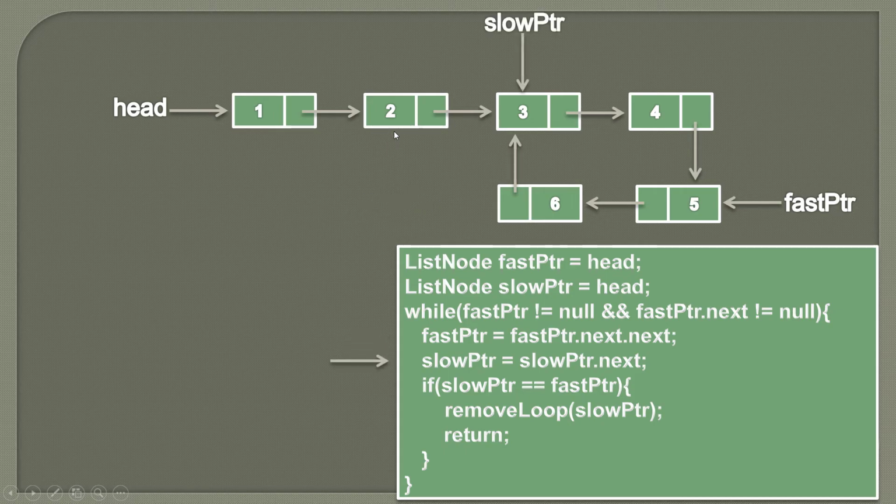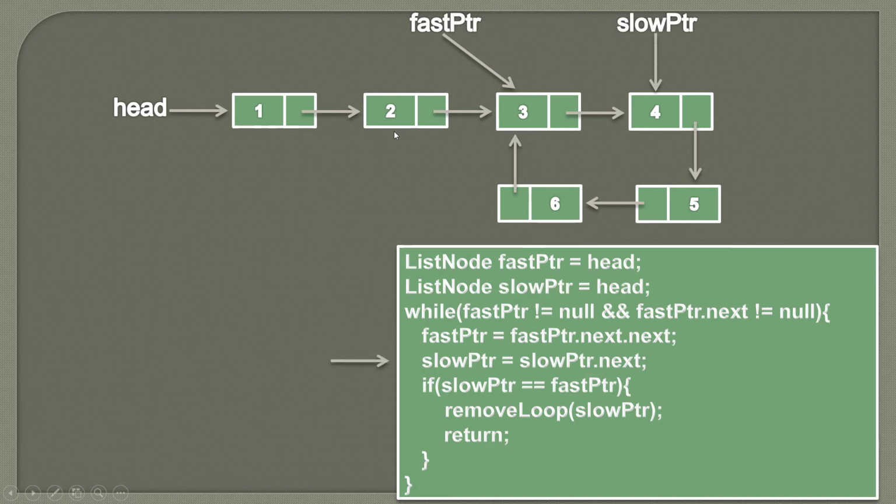After the second iteration, this is the situation, and still they are not pointing to the same node. Still slow pointer and fast pointer are pointing to different nodes.